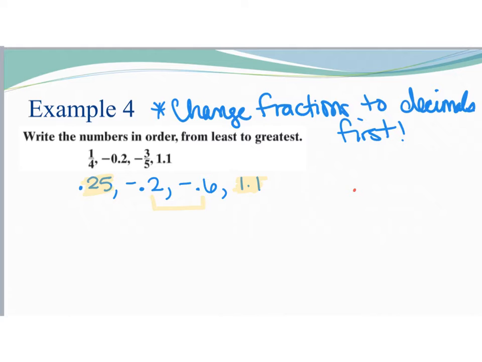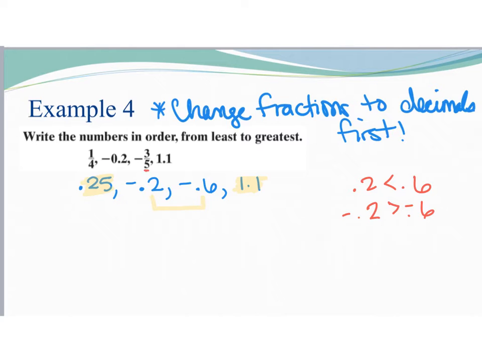If these were positive, I would have 0.2 and 0.6, and 0.6 would be greater than 0.2. However, because they're negative, the negative 0.2 is actually greater than the negative 0.6. So that means the negative 0.6 is going to be my smallest.